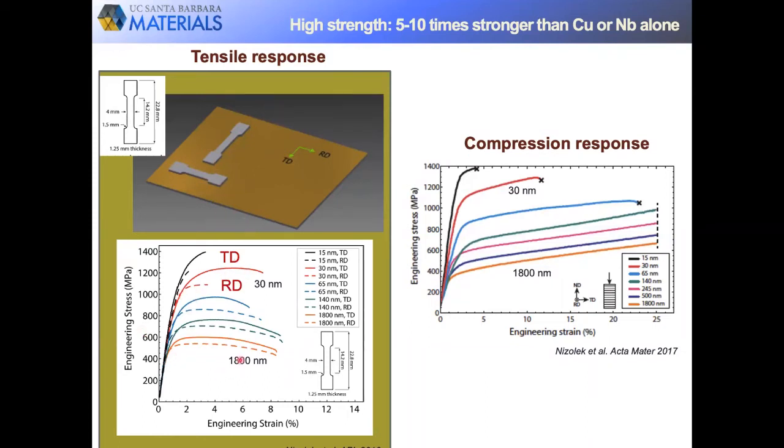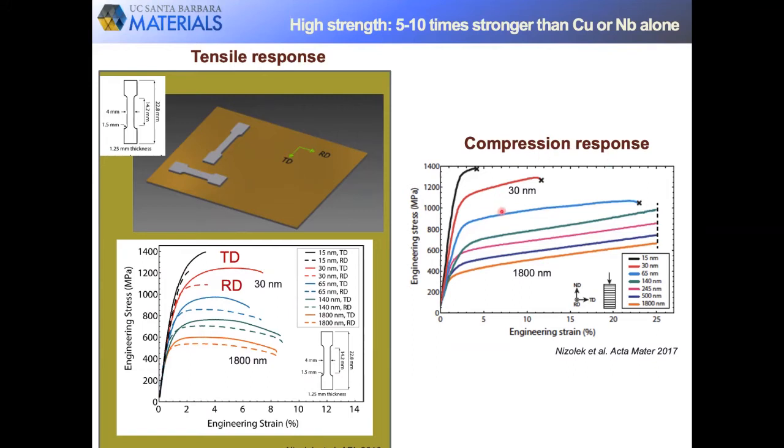We find here that the strengths, in short, are very high, ranging from over 400 megapascals for the 1.8 micron layer thickness down to about 1.2 GPa for the 30 nanometer case.